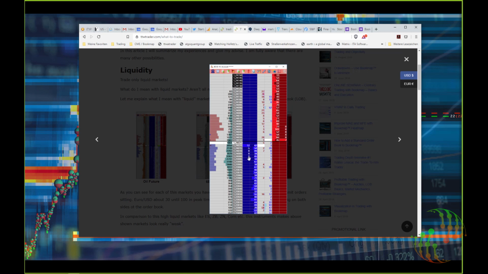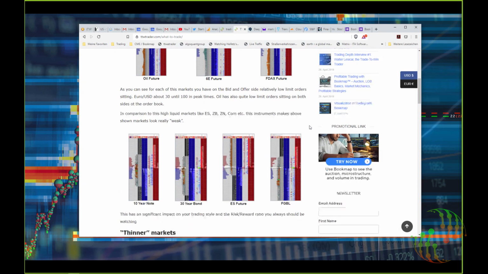So if you want to trade the euro US dollar with Jigsaw Trader, for example, it is really hard to follow. There's one guy who sells 100 and more contracts. It goes so fast down or so fast up, it's impossible to see that.